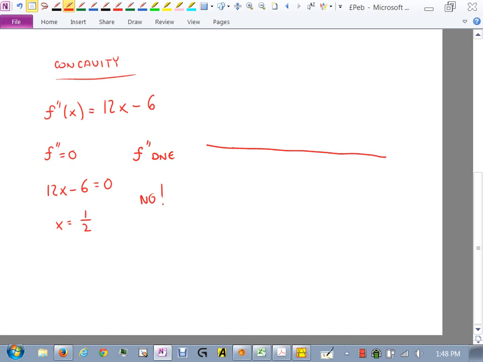Number line, 1/2. It breaks up my number line into 2 sections. Pick a point to the left, pick a point to the right, and plug those into the second derivative. Plug 0 into the second derivative, I get negative, right? What does that tell me?